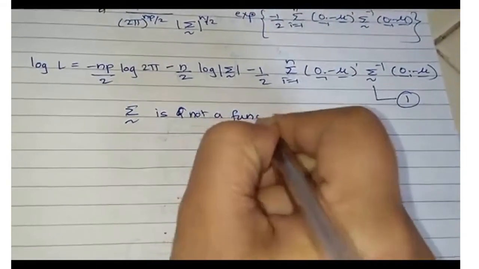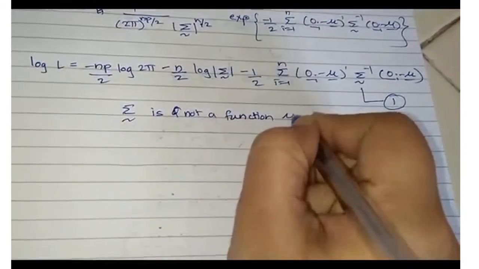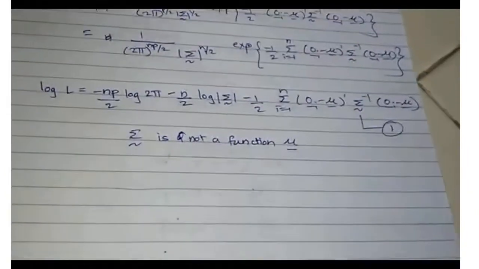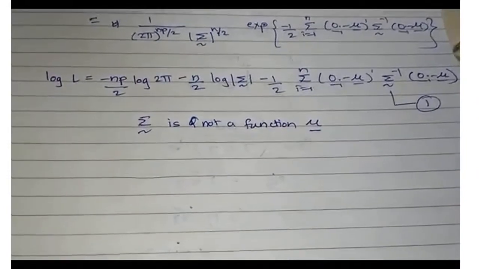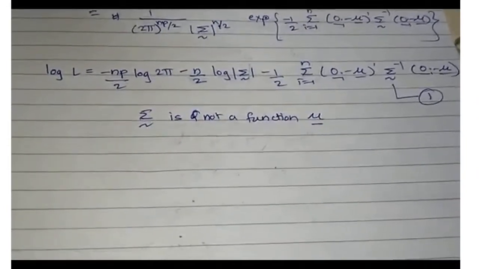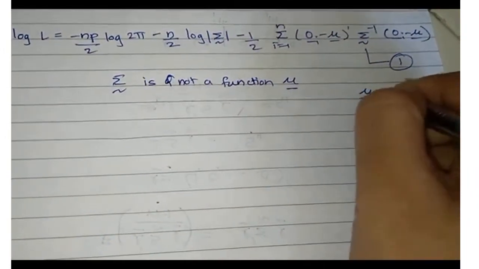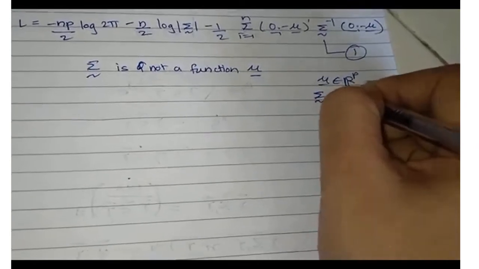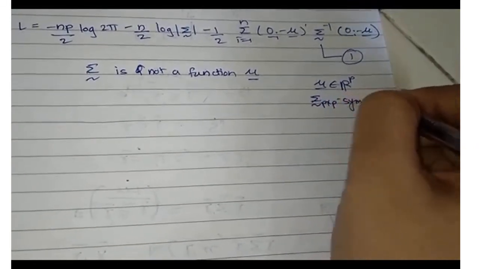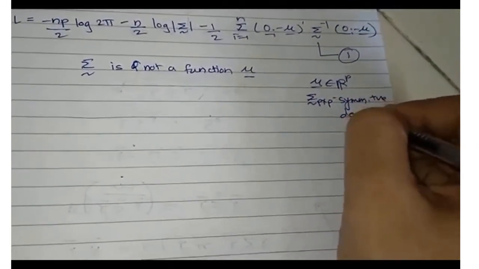So when I differentiate with respect to mu, sigma won't come into the picture, and when I differentiate with respect to sigma, mu won't come into the picture. Sigma and mu are not functions of each other, they are just constants. Of course, we should mention that mu is anywhere in R^p and sigma, p cross p, is a symmetric positive definite matrix.